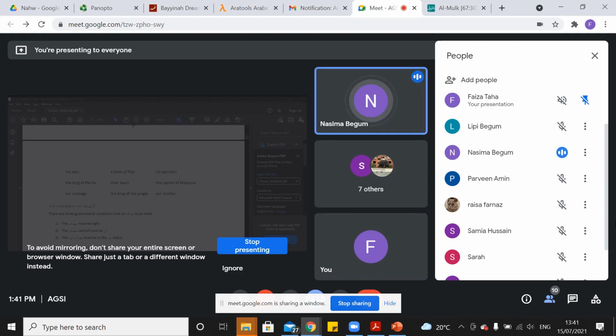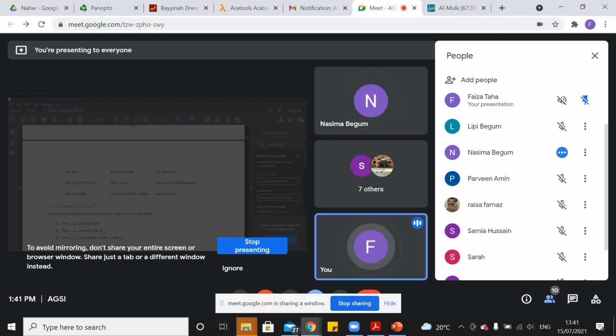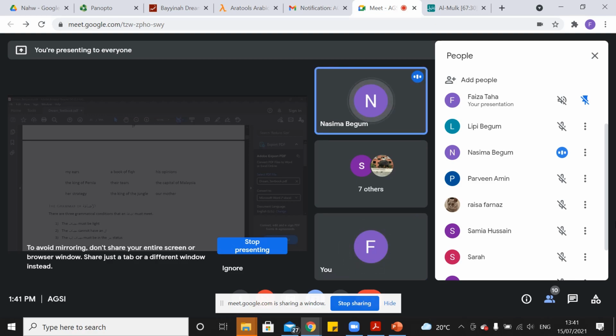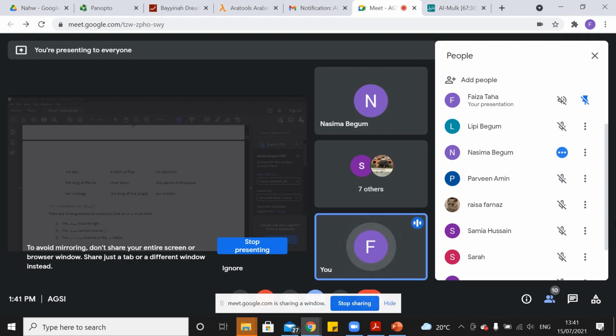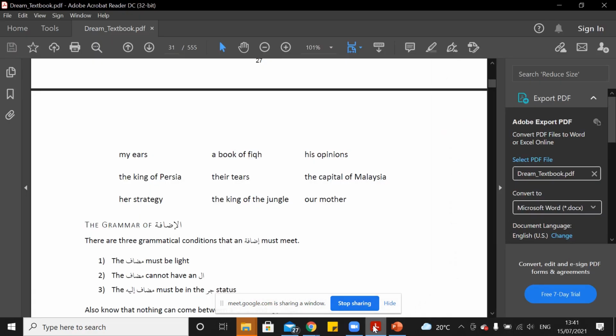But the other way of writing "our mother" is "mother of ours". So what is mudaf? Mother is mudaf and ours is mudaf ilayh. Okay, so we are good with spotting mudaf and mudaf ilayhi in English sentences.